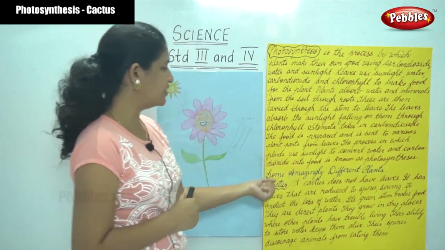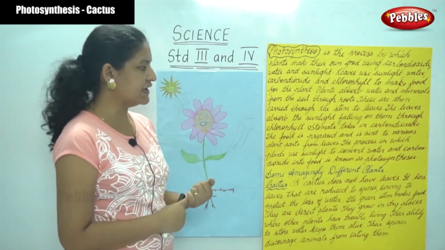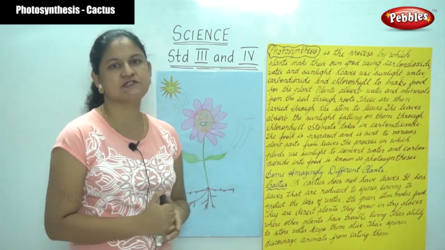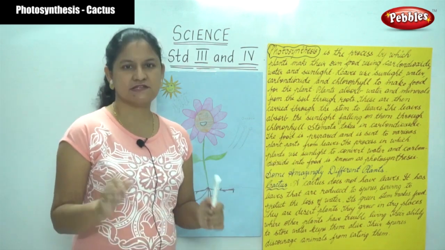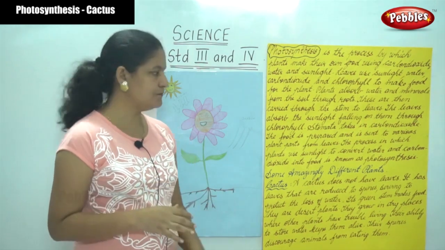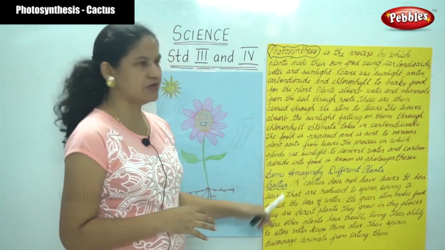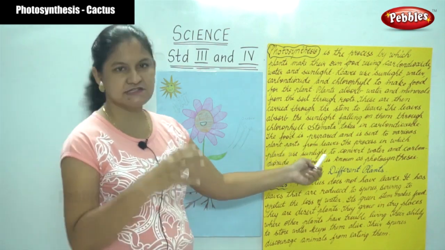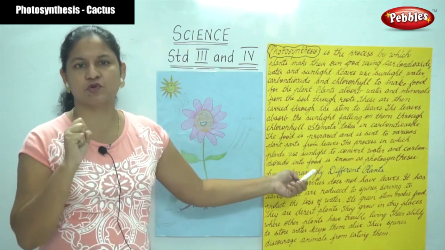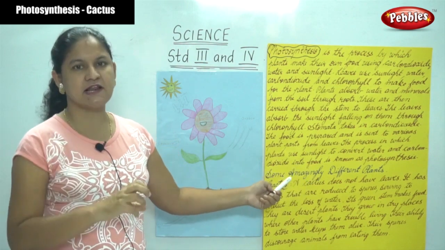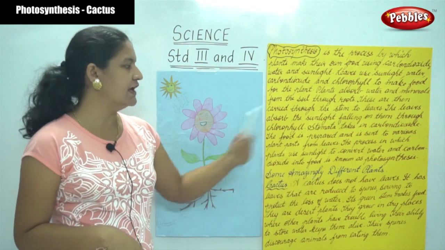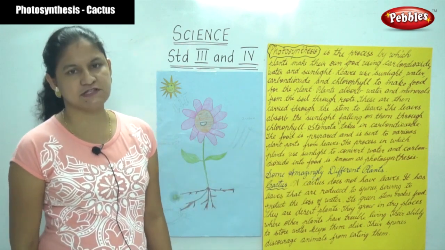The process in which plants use sunlight to convert water and carbon dioxide into food is known as photosynthesis. So the plants absorb the sunlight through chlorophyll, and use this sunlight to convert water and carbon dioxide into food. This is known as photosynthesis.